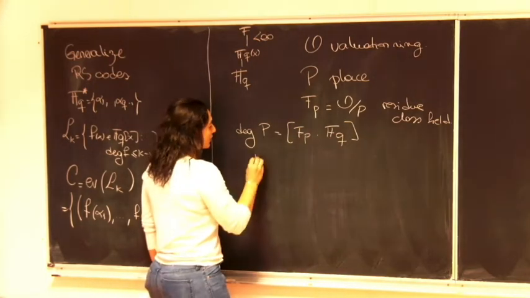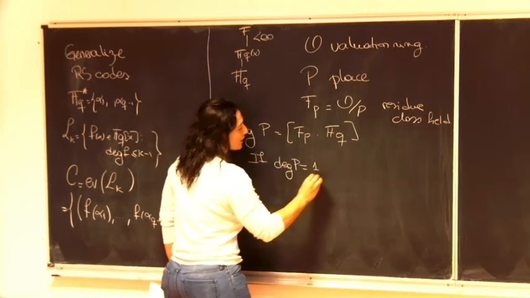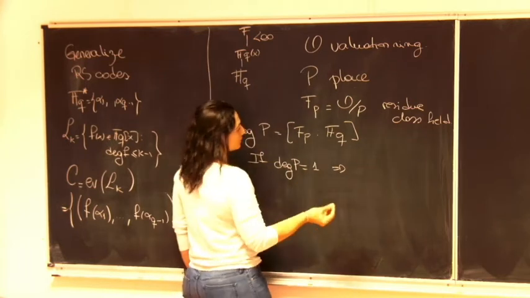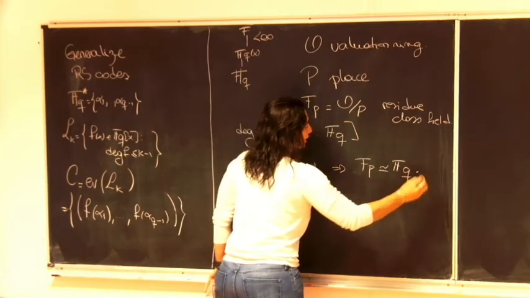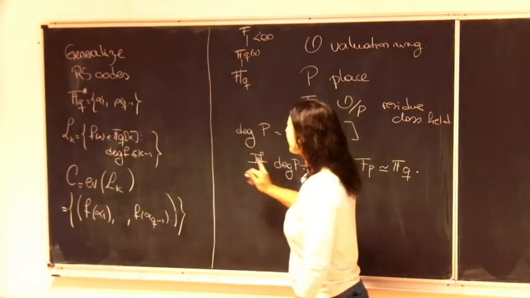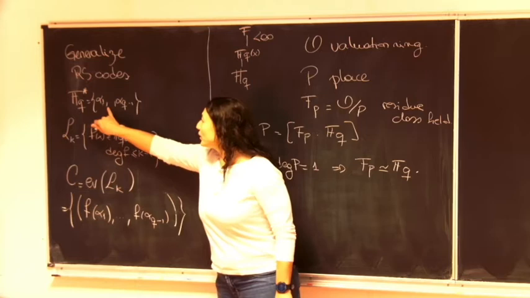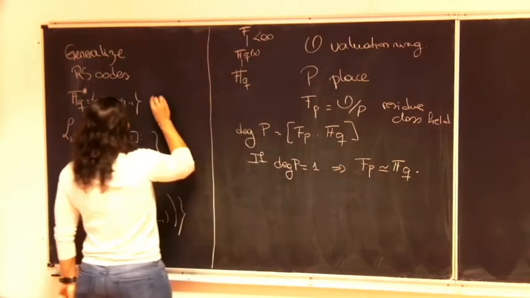So if the degree of P equals 1, then Fp can be identified with FQ. So to generalize Reed-Solomon codes, instead of using points on FQ, we are going to use places.